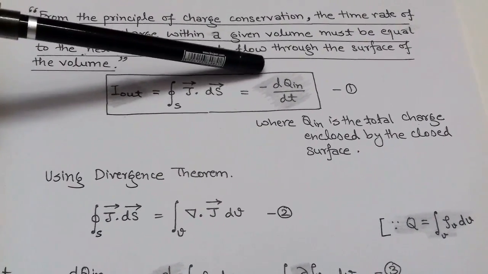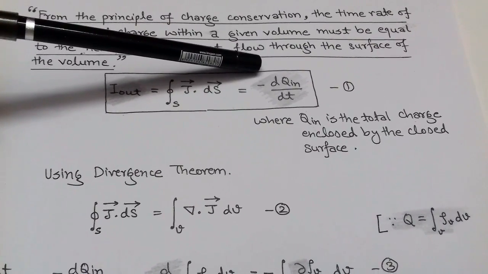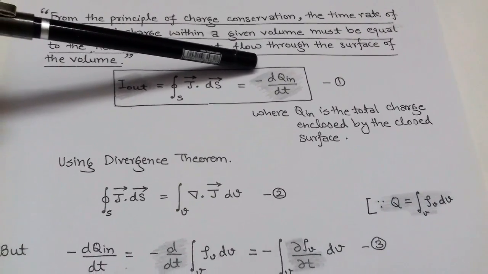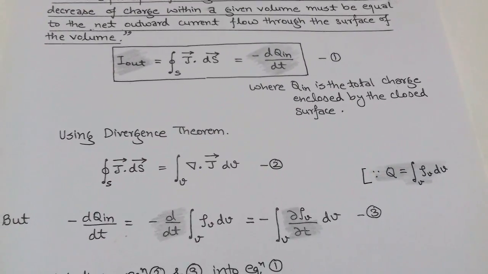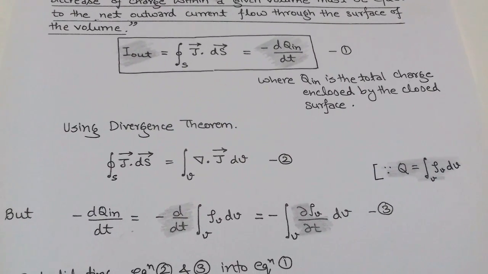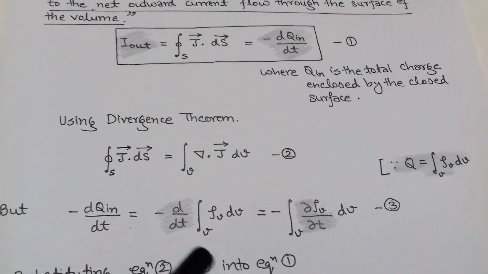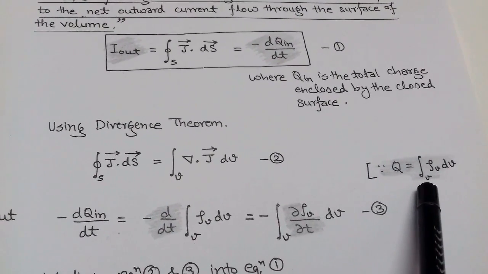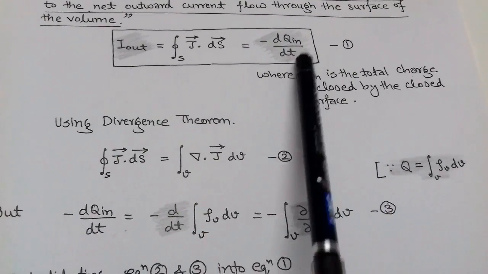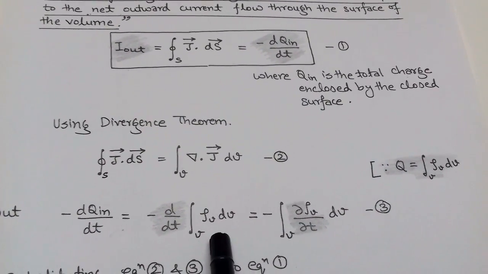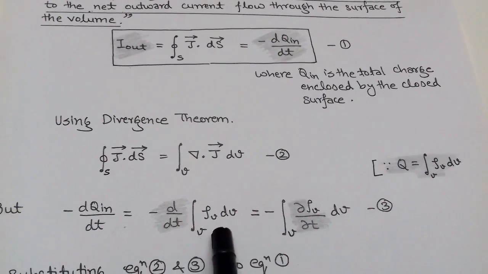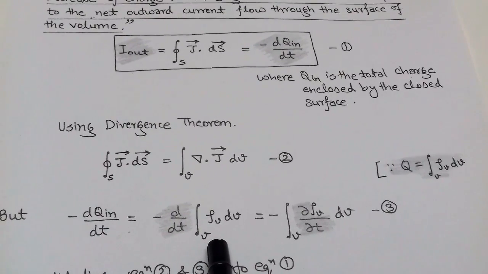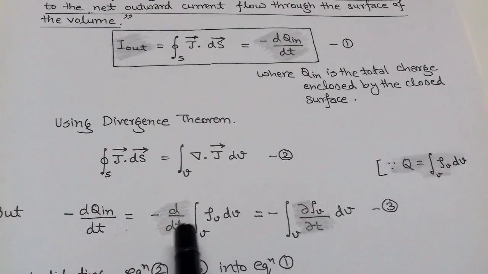minus dQ in upon dt equals minus d upon dt integration rho v dv, since we know that the charge in terms of volume charge density is the integration of rho v into dv. So in place of Q we can write this equation. So this becomes minus d upon dt volume integration rho v dv.